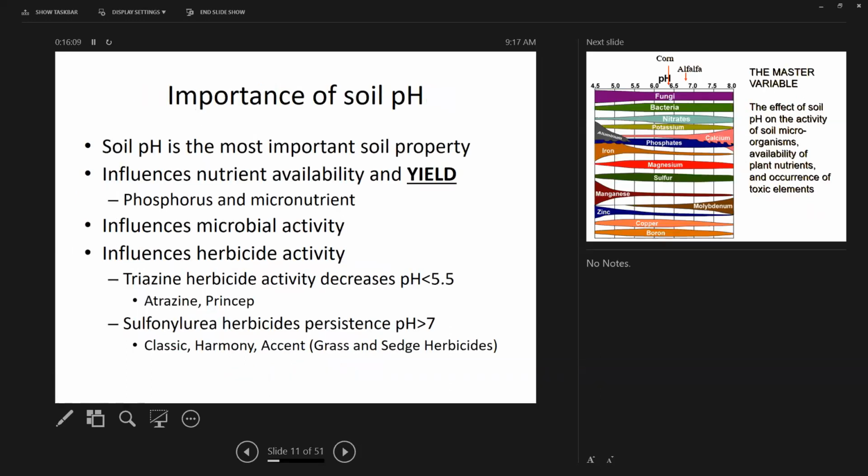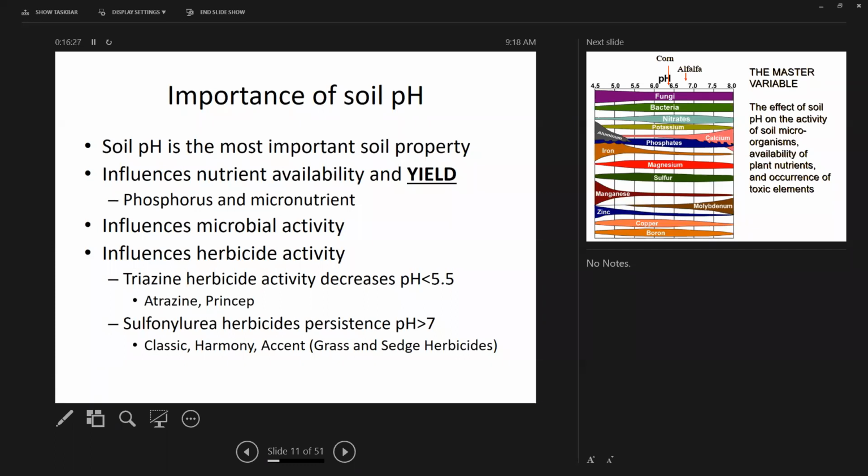So I've talked around it, but haven't really said anything yet about why soil pH is so important. This is, in my mind, the most important soil property that we can measure. It influences more than anything else, any single property.